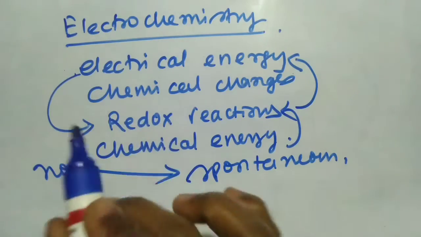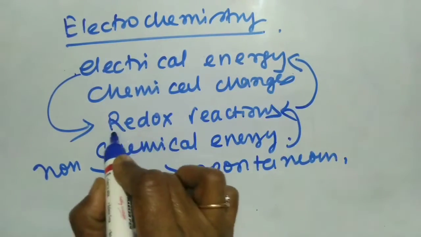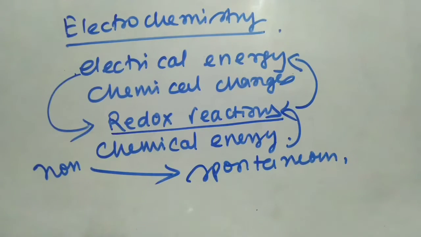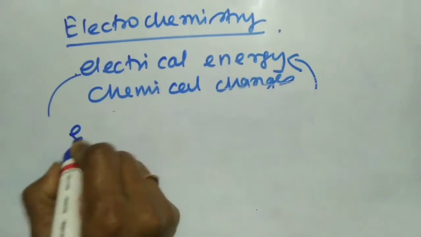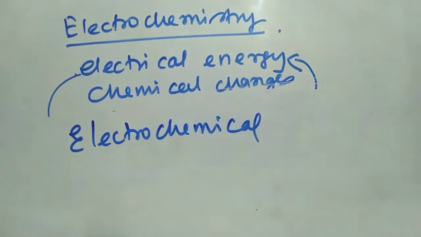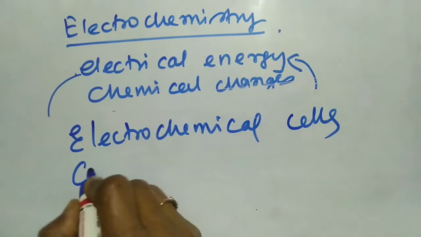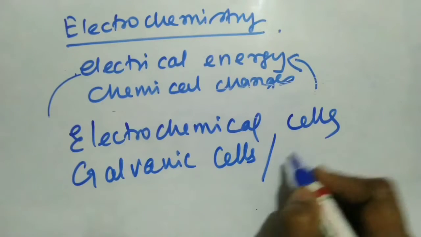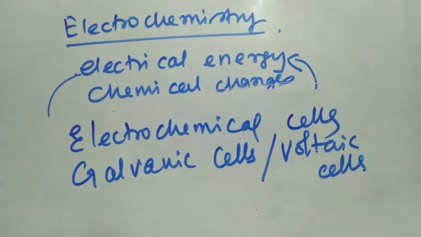That means the production of electricity based on a spontaneous redox reaction gives rise to cells known as electrochemical cells, or galvanic cells, or voltaic cells.